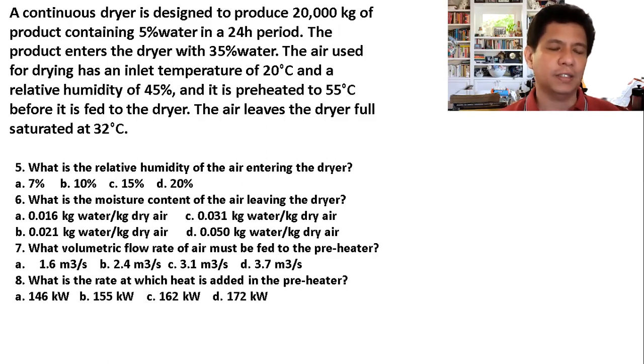So what happens is that the P star H2O increases as temperature increases. So that's why the relative humidity decreases. So initially you have 45% ang relative humidity. So when you increase the temperature and the amount of water is not changing, you will have a lower relative humidity. So for you to get the exact answer for number 5, I'm going to use a psychrometric chart.